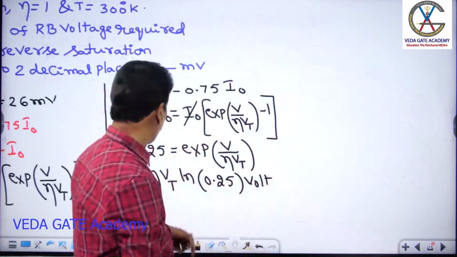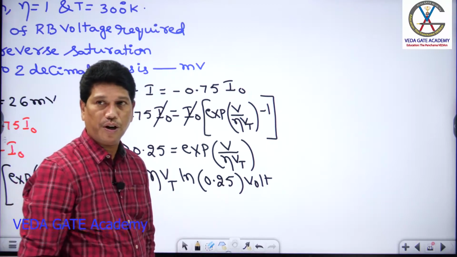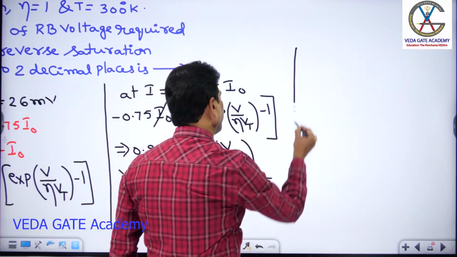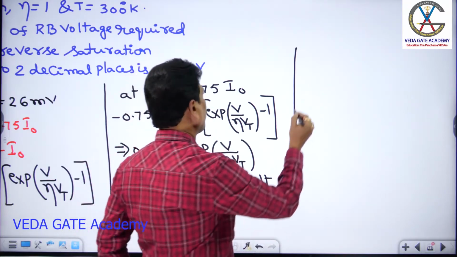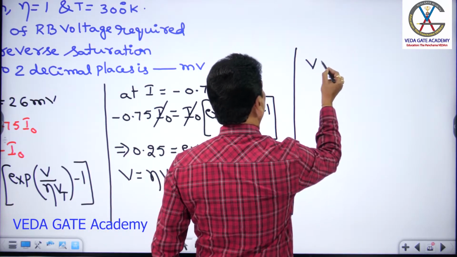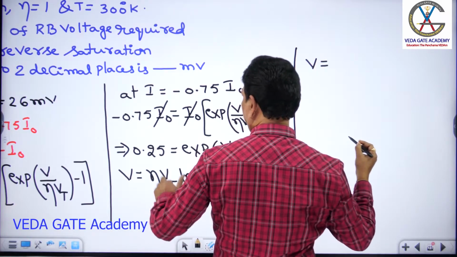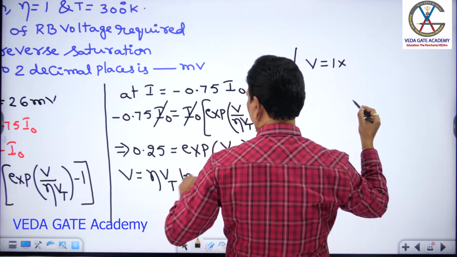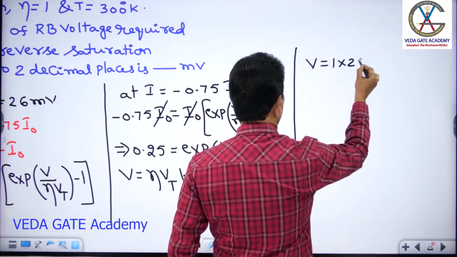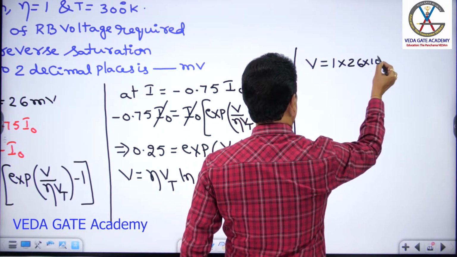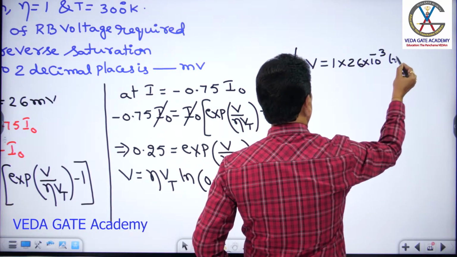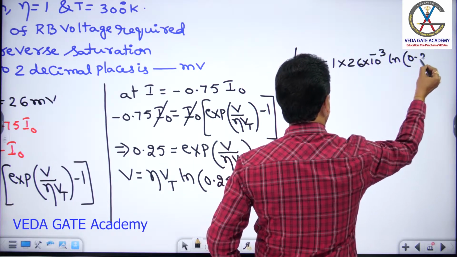So now I can examine this. V equals, eta is 1, into Vt is 26 millivolt, ln of 0.25.